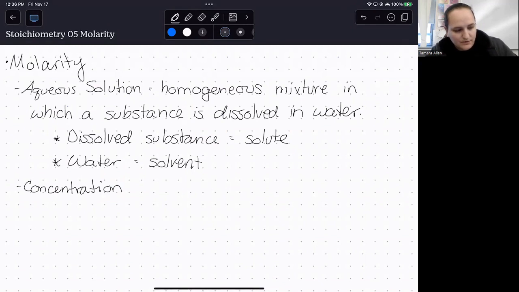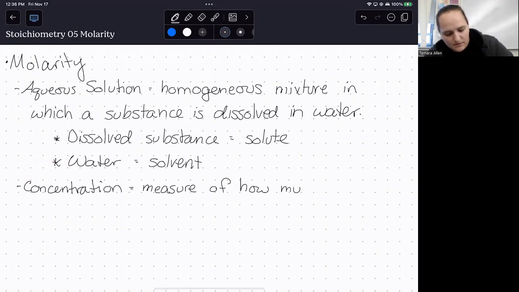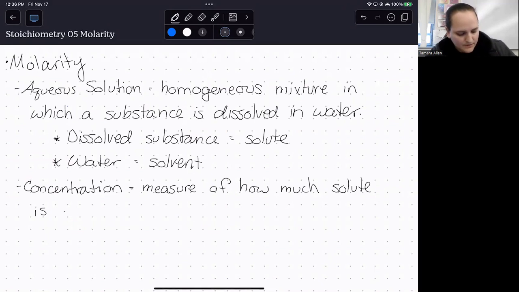So in the most general sense, the concentration to a chemist is the measurement of how much solute is dissolved in a solution. There are other ways that this term can be used, but for now that's what we are talking about.